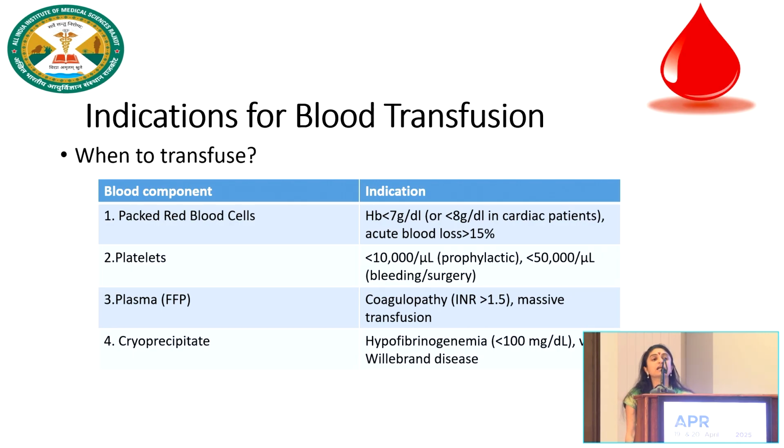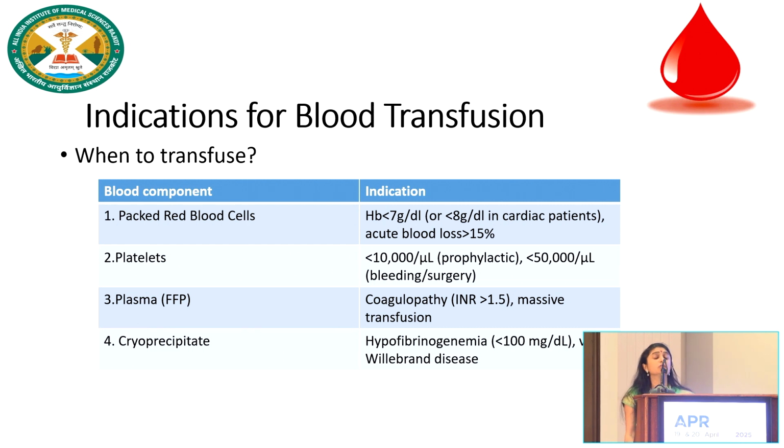Plasma, that is fresh frozen plasma: coagulopathy, if it is defined, INR is more than 1.5. Massive transfusion, we sometimes call it the massive transfusion protocol. Cryoprecipitate: the use of cryoprecipitate is very specific.